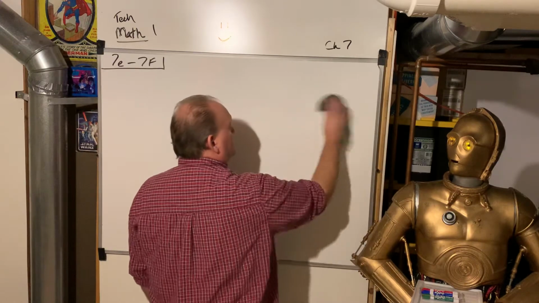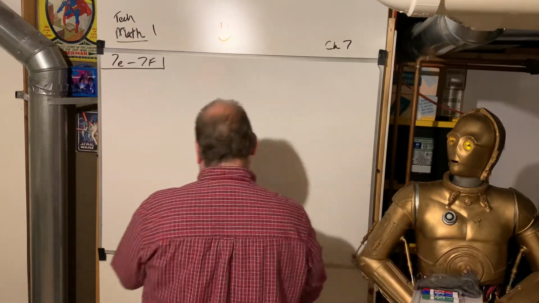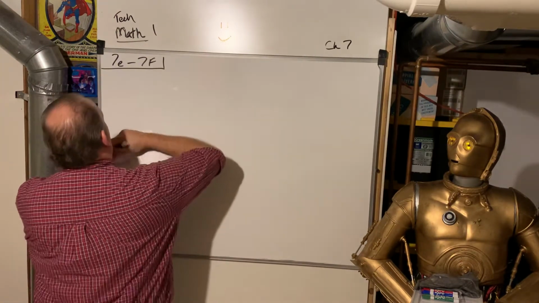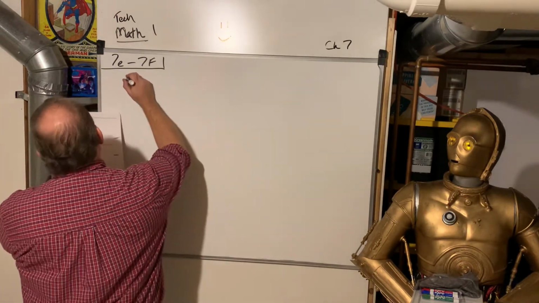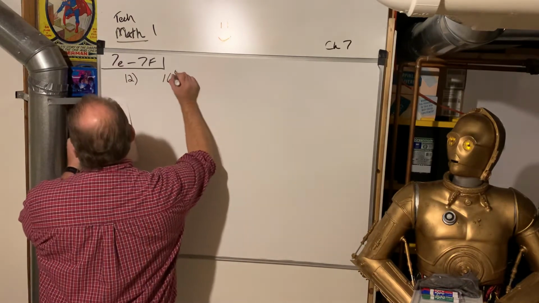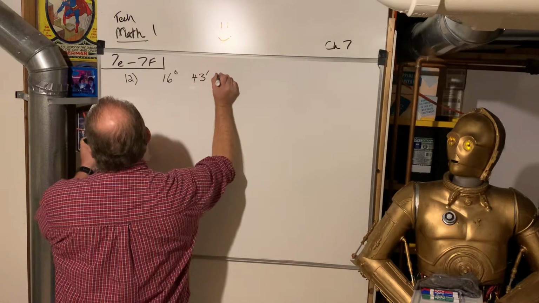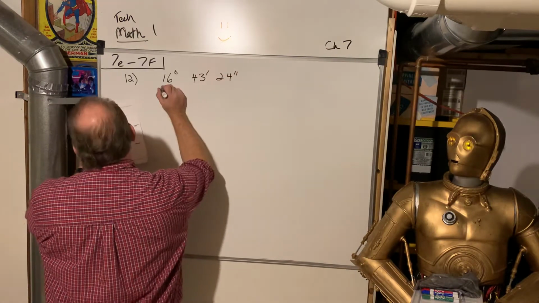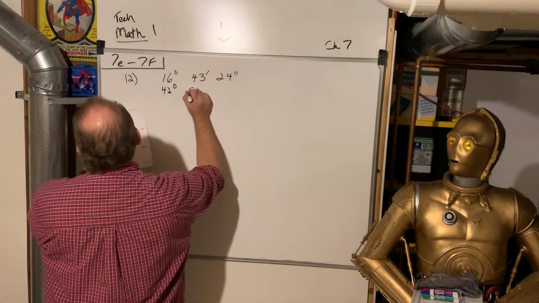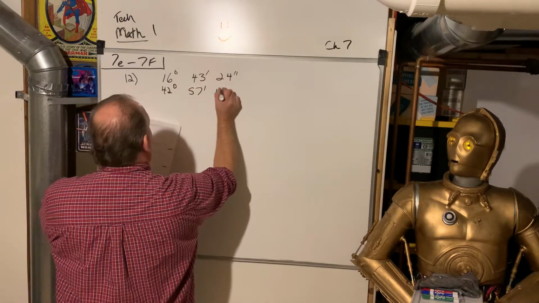Same thing with degrees, minutes, and seconds. If it goes above, you have to carry it over to the next thing. So take a look at number 12 on the bottom of E5. It's 16 degrees, 43 minutes, 24 seconds, and 42 degrees, 57 minutes, and 18 seconds.